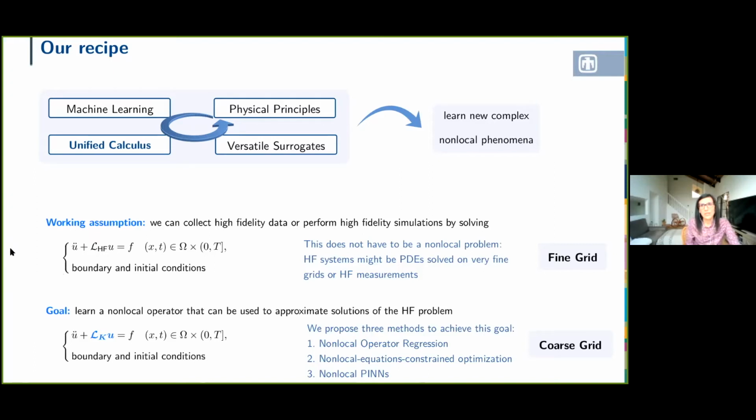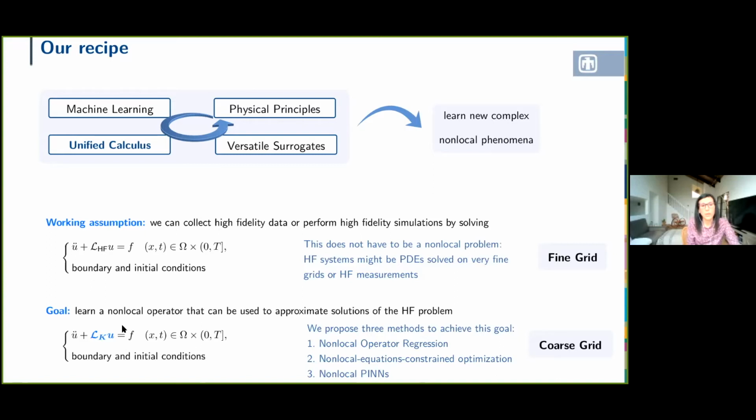So to give you an example, think of subsurface transport. Subsurface transport can be described by a PDE that can catch the heterogeneities of the subsurface when the grid is fine enough, or when the grid catches the smaller scales. But this becomes not only very expensive computationally, but it also requires many, many parameters to be accurate.